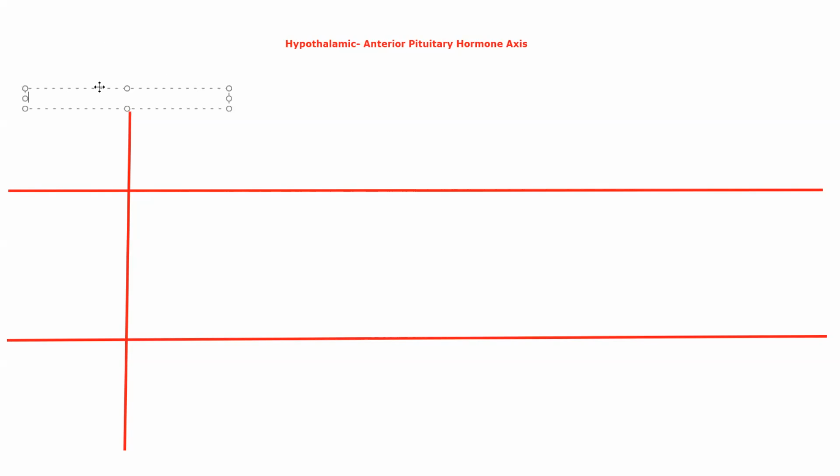So first of all, we've got the hormones that are secreted from the hypothalamus. We've got the hormones that are secreted from the anterior pituitary. And then we've got the tertiary hormones that are secreted from the endocrine glands themselves.